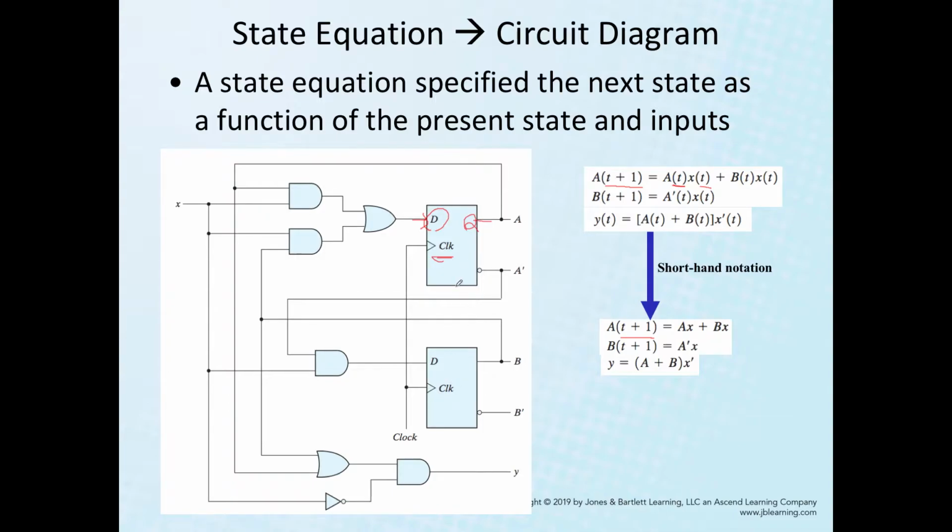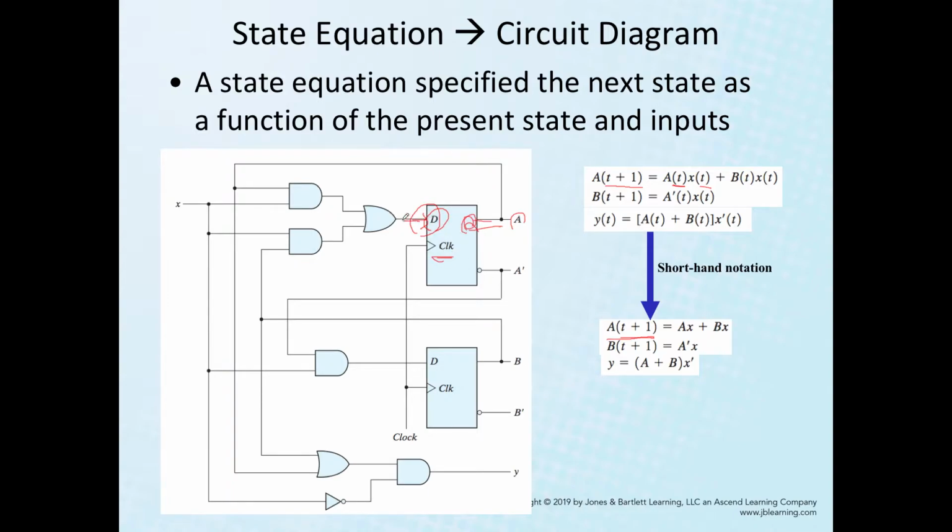Since we have two flip-flops, let's label them A and B. Then the flip-flop input equation for flip-flop A is that on the next clock tick, whatever is on the current D will appear on Q, which is labeled A. So A(T+1) is whatever is on the current D.